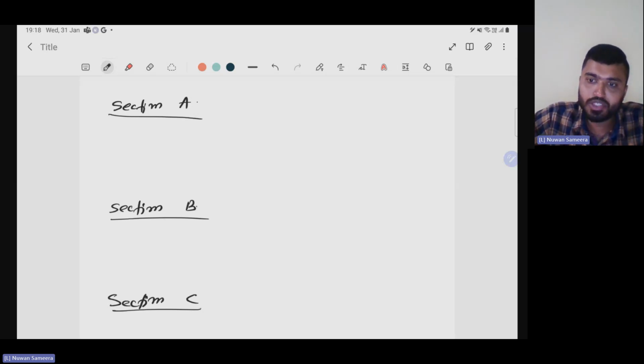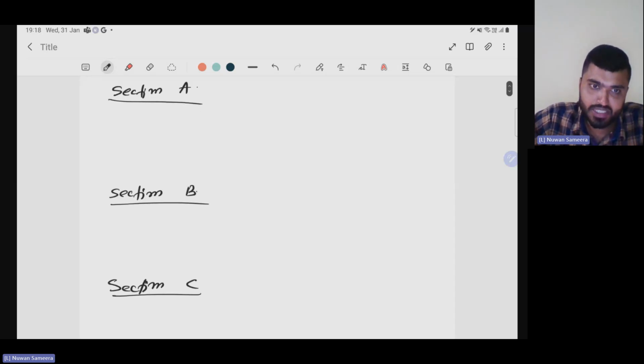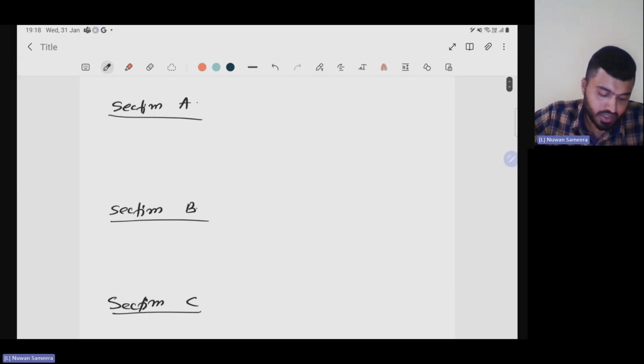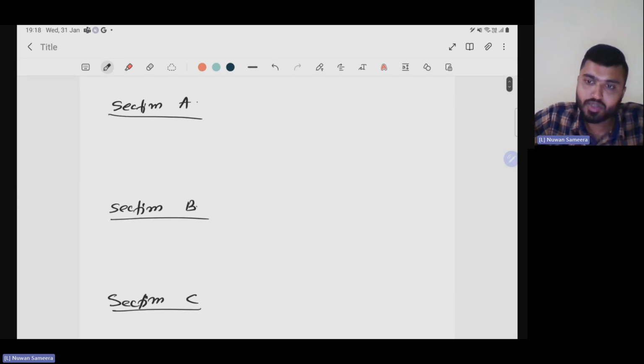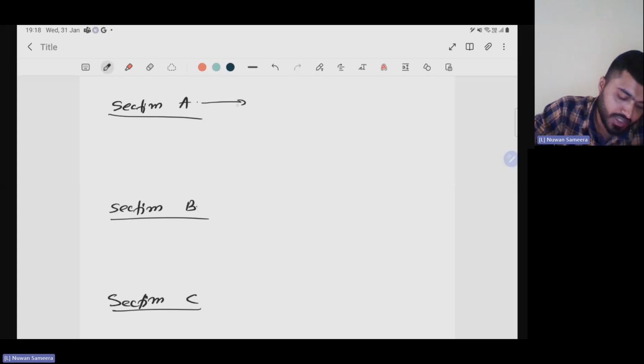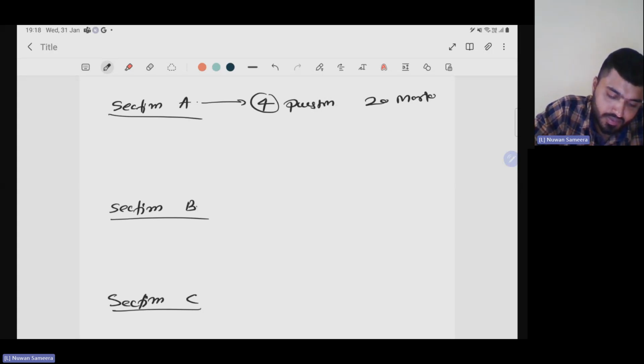So you can download that paper. It's better to download it. Here you can see there are three sections. You already know, but I will explain a little bit for anyone who is not aware of the paper structure. Section A consists of 4 questions, 5 marks each, so you will receive a total of 20 marks.